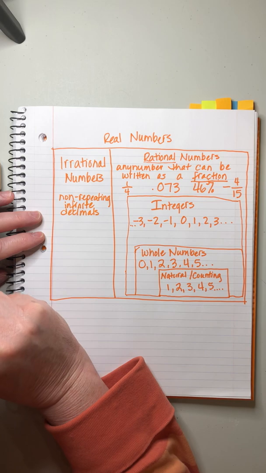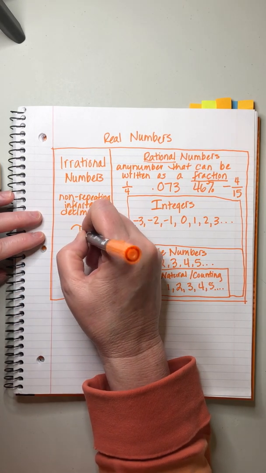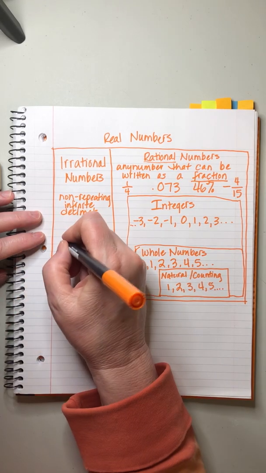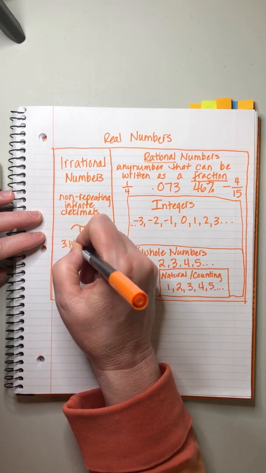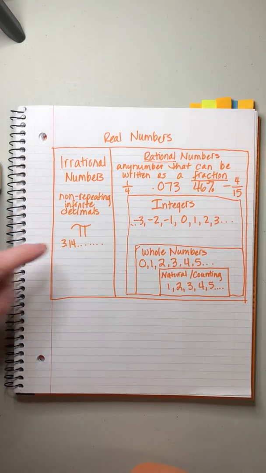And the star member of the club is pi, our number that relates the diameter of circles to their circumference, and it relates the radius of circles to their area. Pi, we all know, is 3.14 and so on, right? It goes on forever. Pi is a great example.